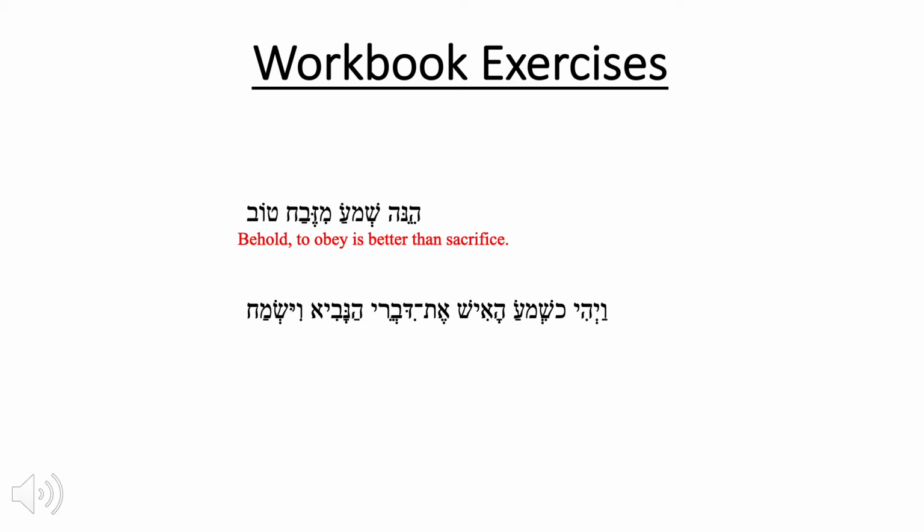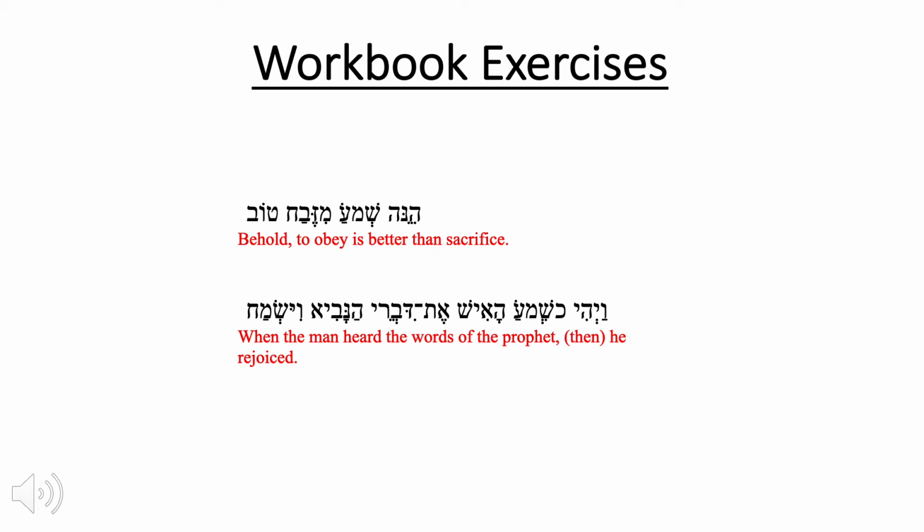What about number 4? We begin with a vav conjunction on a very common verb form here, vayehi, and it was. Then we have a kaf preposition, as hearing, or as he heard is how we often translate it, from shamo.